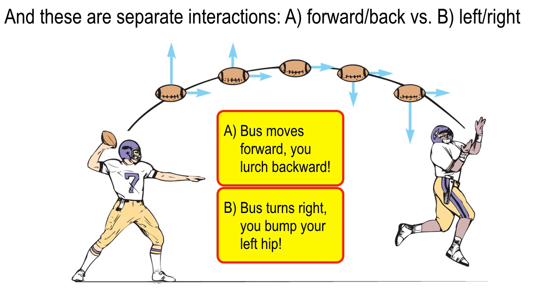Now here's another one. Forward and back, left and right, for the bus as well as for this football player catching the football going through the air. And so you analyze the motion of the football in terms of vertical and forward and back motion, just as you could stabilize yourself in the bus either starboard and port or forward and aft.